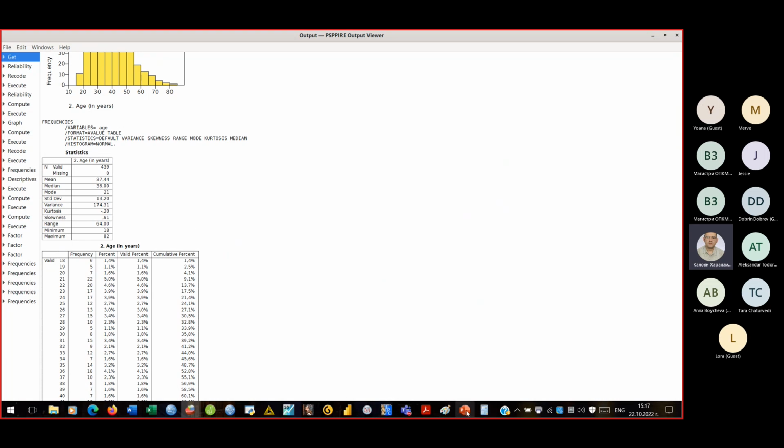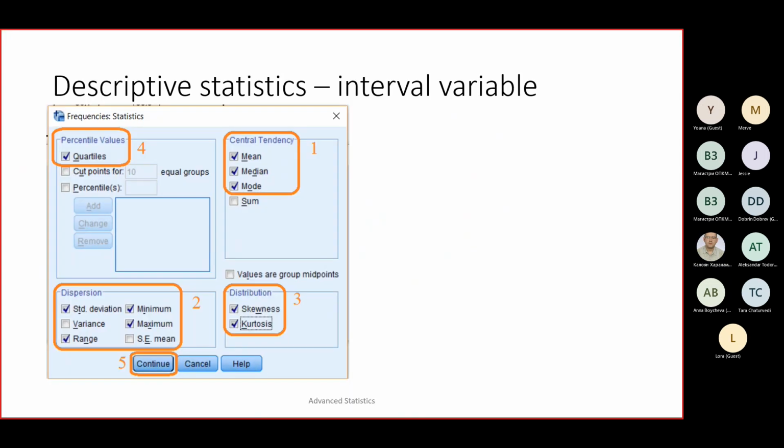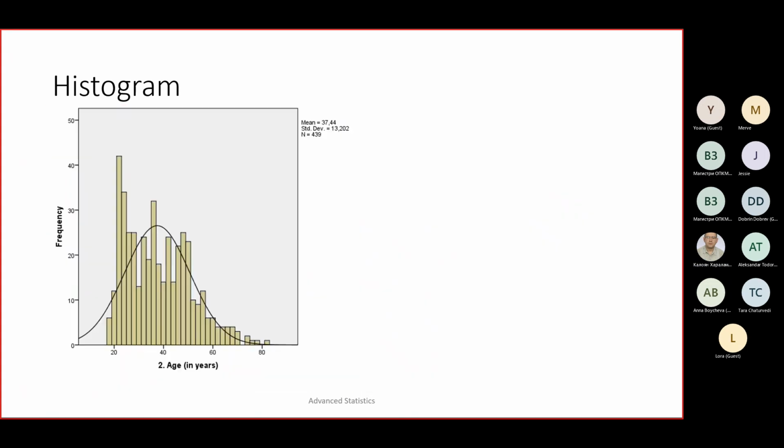Now I will switch to the presentation again, and we will show here on the histogram all these descriptive statistics. First, mean, average. Average mean is here.